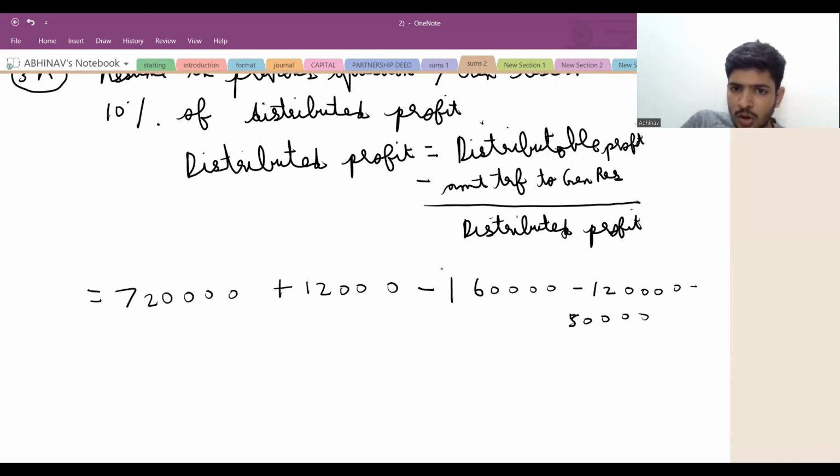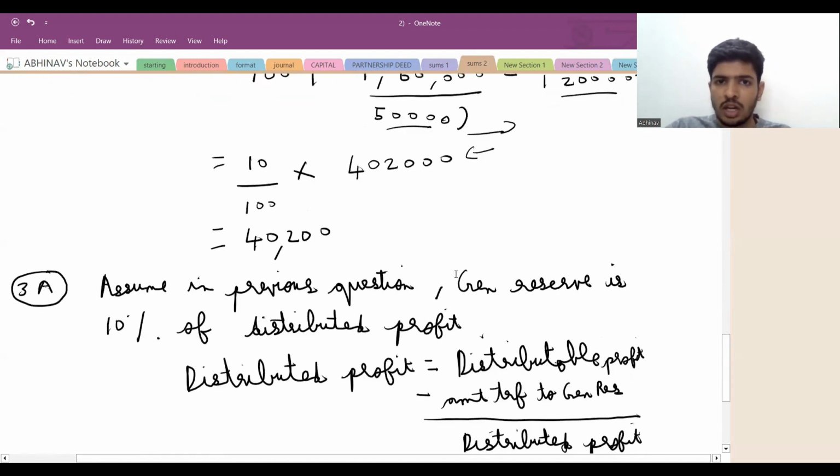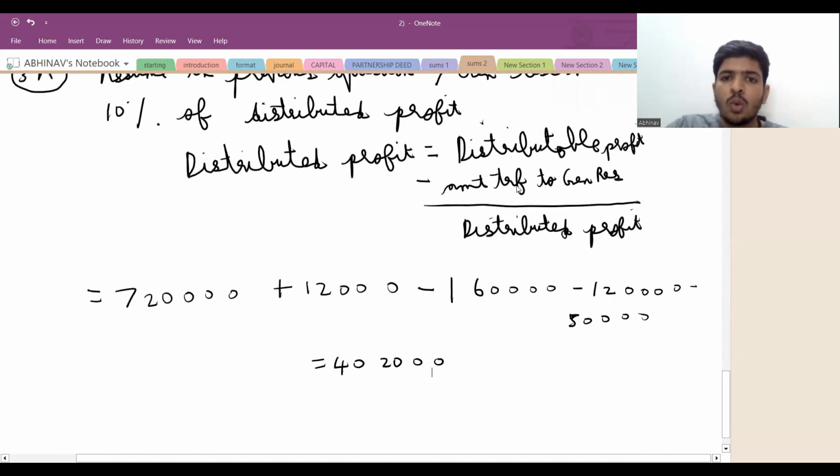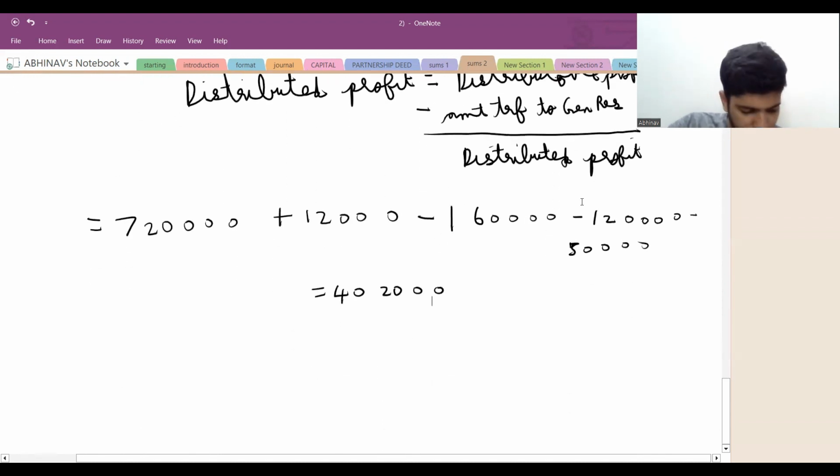Now we get distributable profit. So as mentioned before, it was 4,02,000. Correct?